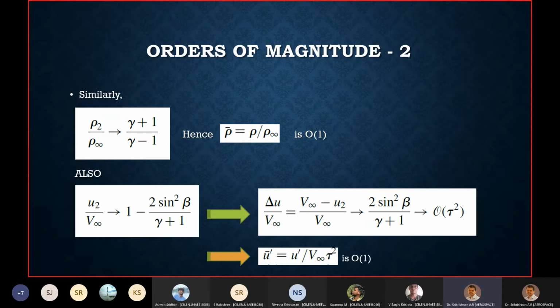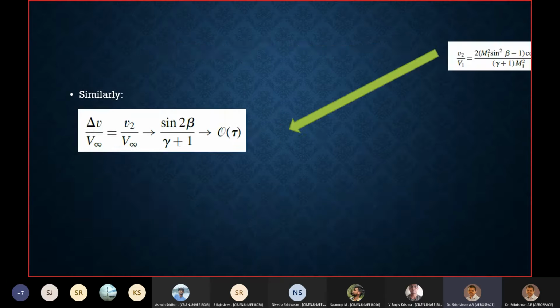As a result, this fraction u dash by V infinity tau squared will turn out to be of order of magnitude 1. So by proceeding like this, some of the terms become order of magnitude 1 and some of them become order of magnitude tau squared. Tau squared is negligible as compared to 1 because we are considering slender bodies.